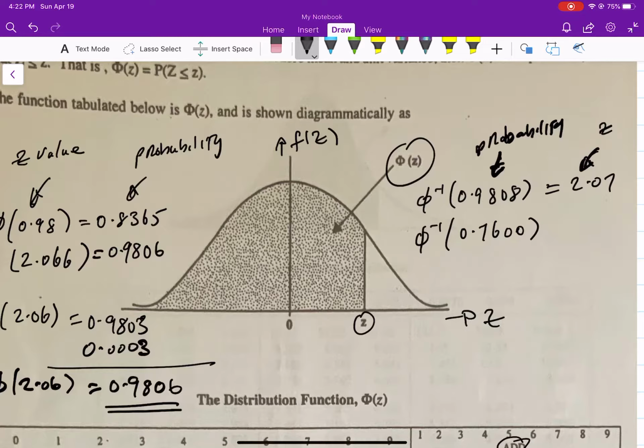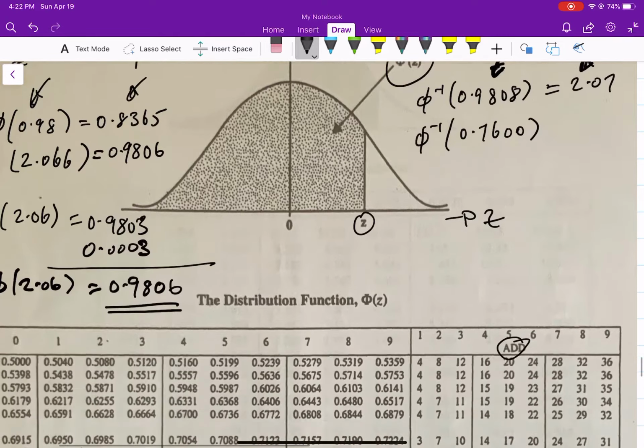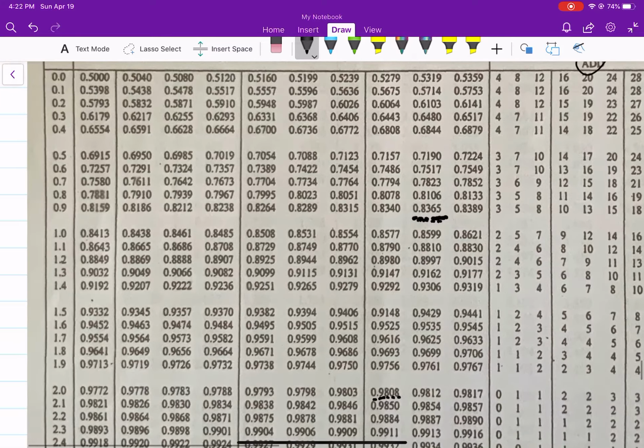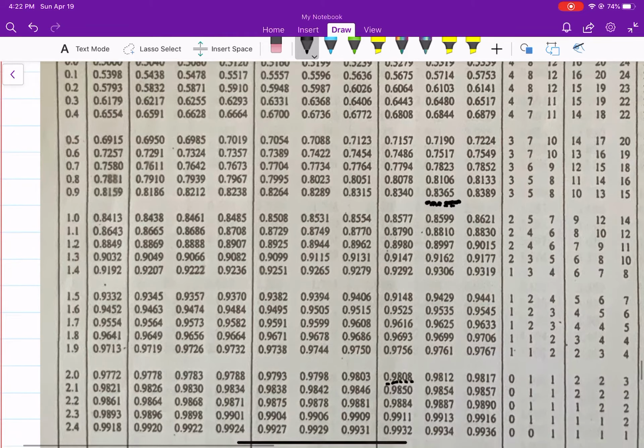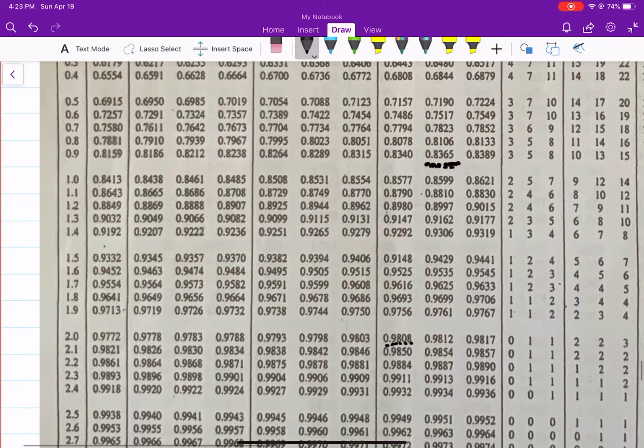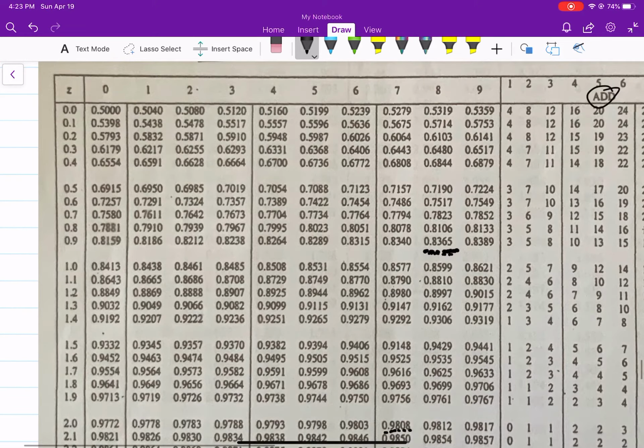In the second case, phi inverse of 0.7600. That value is not directly in the body of the table. So I'm looking in the body of the table for 0.7600.